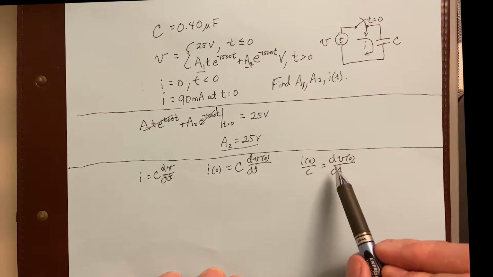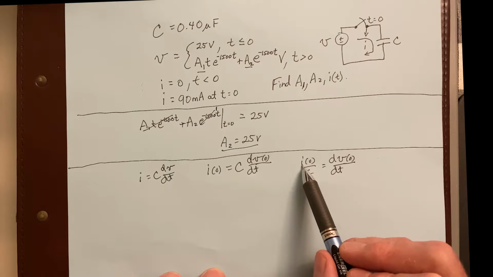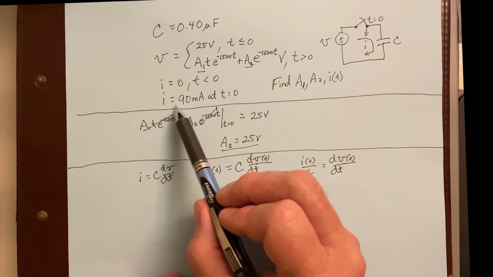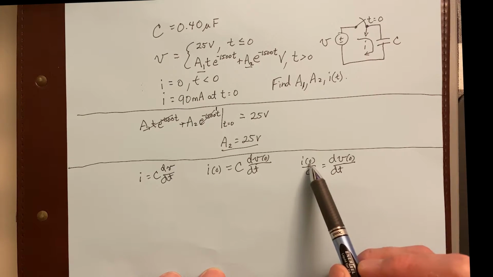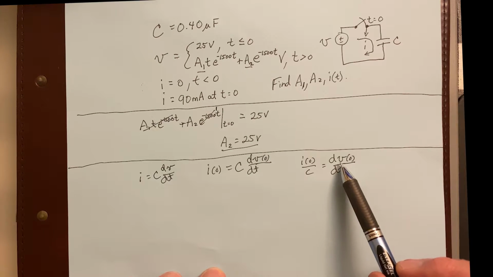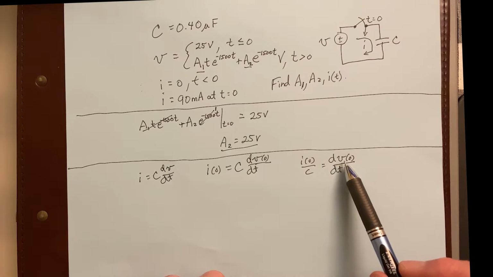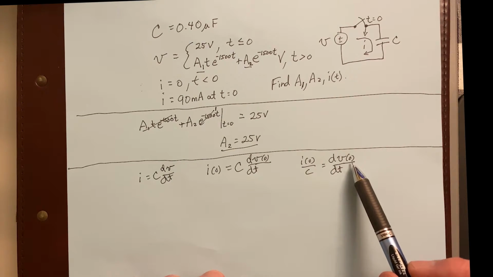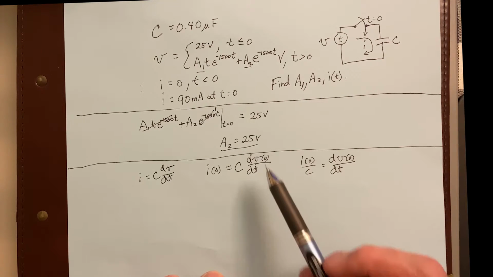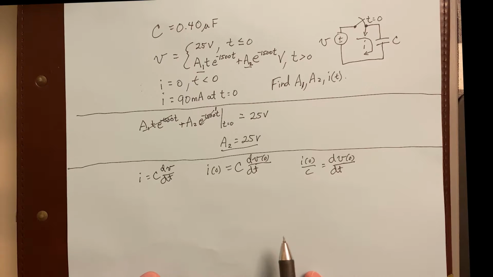So we're just following the logic through here. I know what i at t equals 0 is. I'm given that. It's 90 milliamps. I also know C. That's given as part of the problem. So I may be able to use dv/dt evaluated at t equals 0 in order to solve and figure out what our A1 coefficient is.